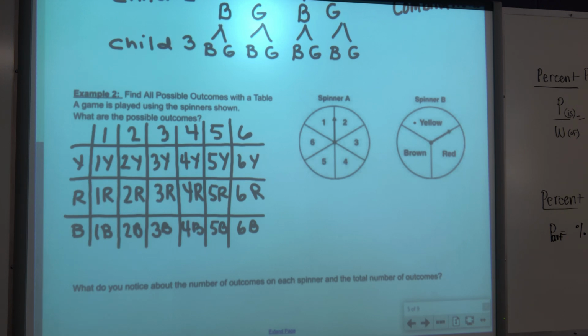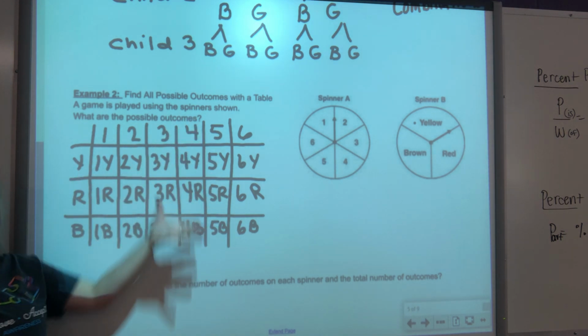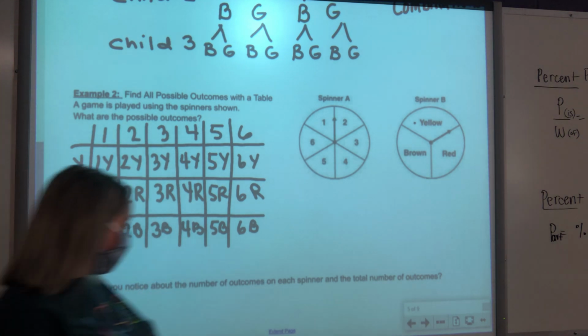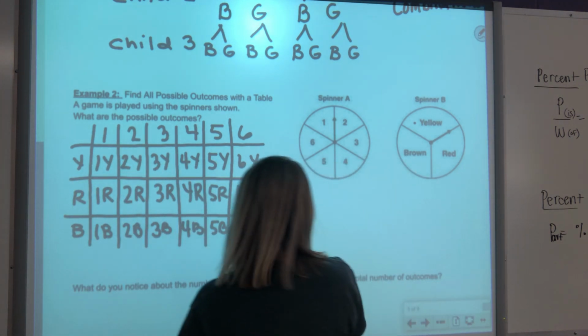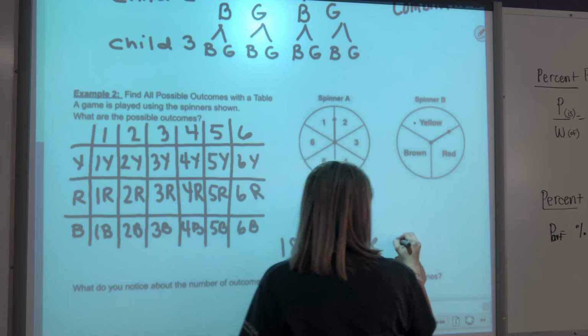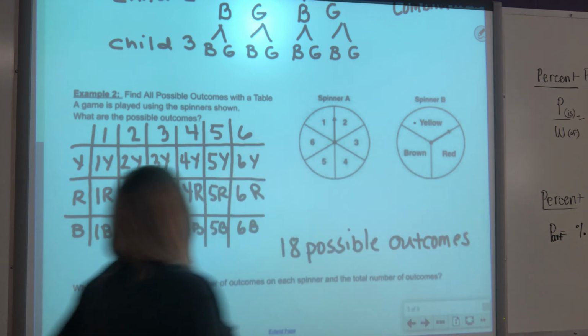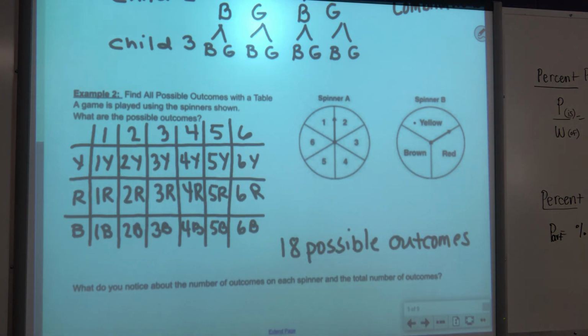How many total outcomes are there? 18 total outcomes, right? We've got 3 outcomes here, 6 outcomes here, so together we have 18 outcomes. What do you notice about the number of outcomes of each spinner and the total number of outcomes?